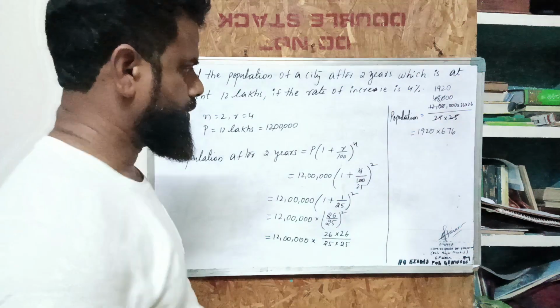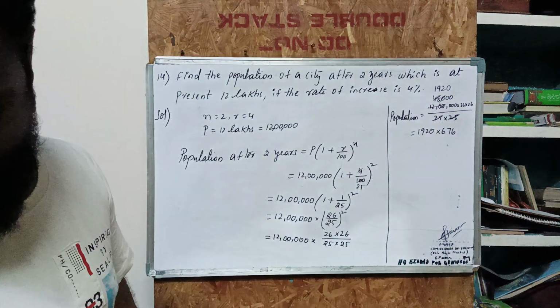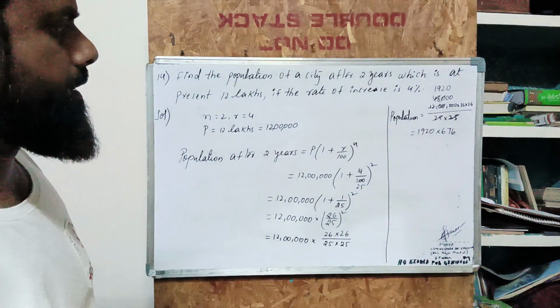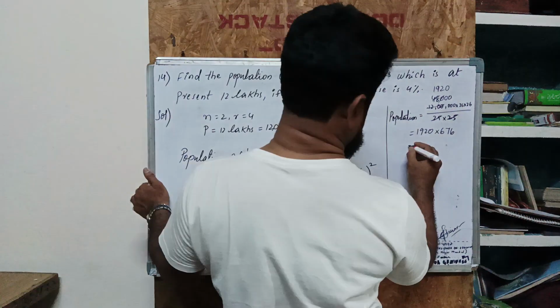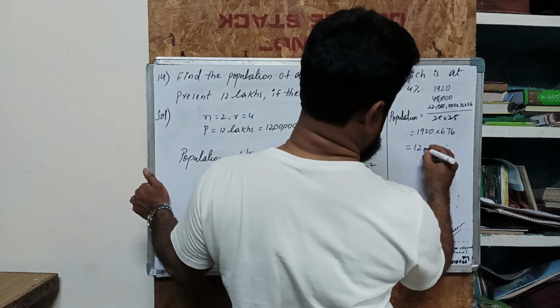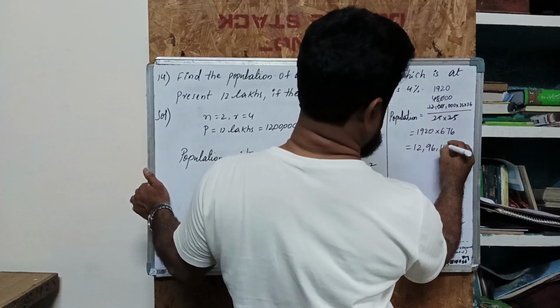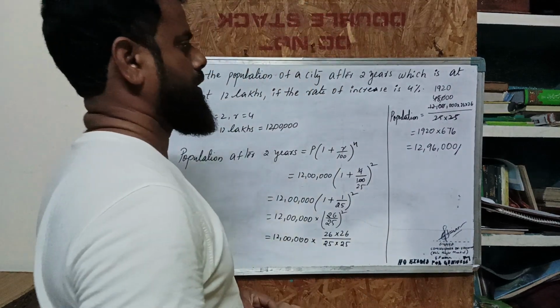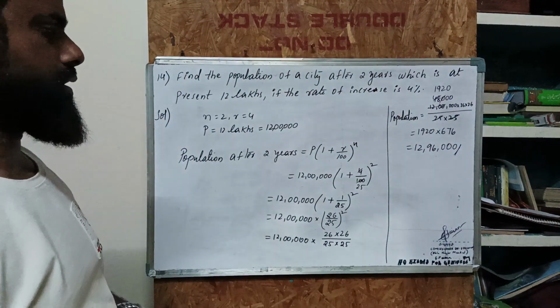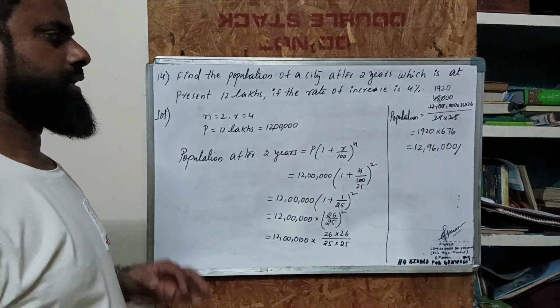If you do, you will get the answer as 12 lakh 96,000. 12 lakh 96,000 will be the answer. Okay, so please make a note of this.